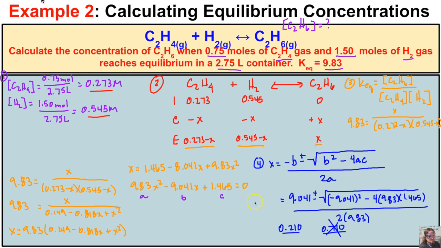It's just going to end up being X. We just figured out X. X equals 0.210 moles per liter. So that's how we can use the quadratic formula to solve for equilibrium concentrations.